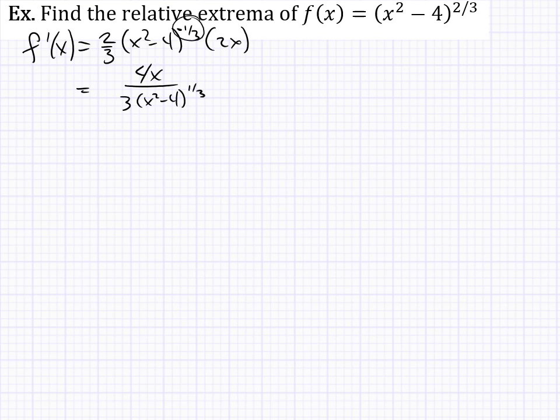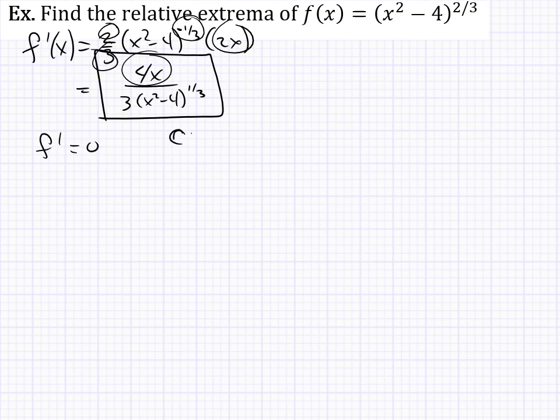This was negative 1/3 when it came down. The 2 and the 2x multiplied together gave me the 4x. The 3 was already in the denominator. And I'm going to say, okay, if this is my derivative, I want to find when is the derivative 0, when does the derivative not exist. Well, this being a fraction, both of these are possible.